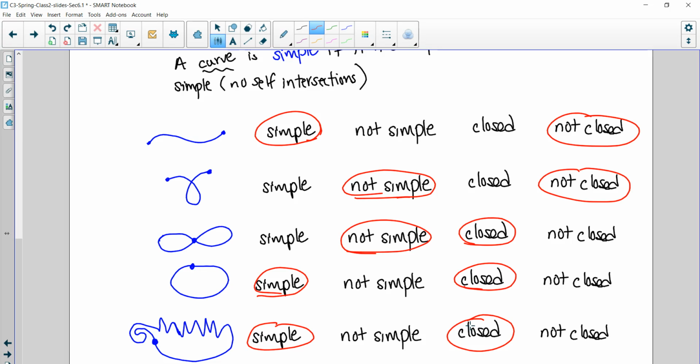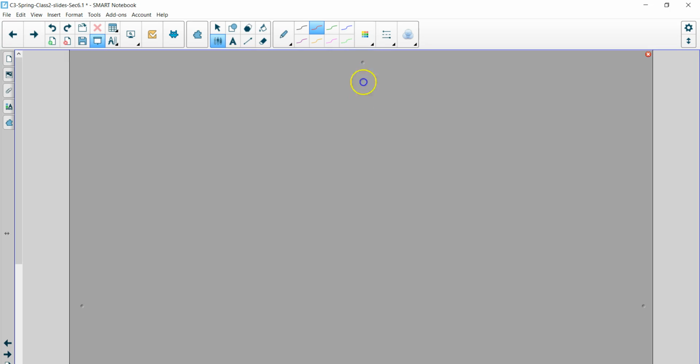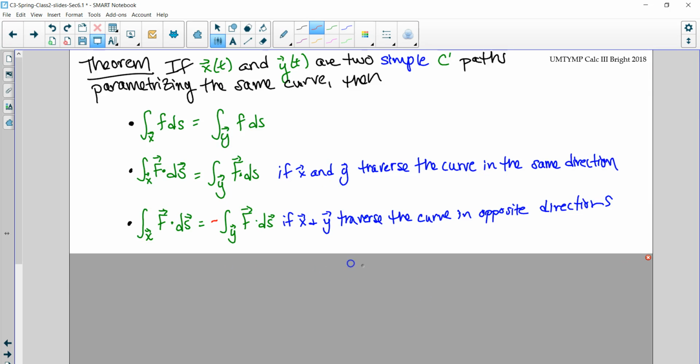Now, why do we care? The whole reason we care, and there's a lot of things going on here, so let me cover up some of this stuff, is because of this theorem. If we have two different simple paths parametrizing the same curve, then let's see what each of them is saying. First of all, in the first case, their scalar line integrals are the same.